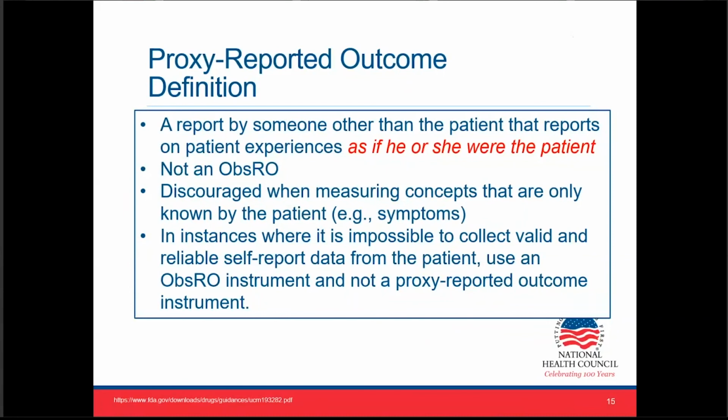So proxy-reported outcomes are discouraged when measuring concepts that are only known by the patient. And in instances where it's impossible to collect valid and reliable self-report data from a patient, ObsRO is the option for getting daily activities and functioning concepts included as assessments in a clinical study. Next slide.